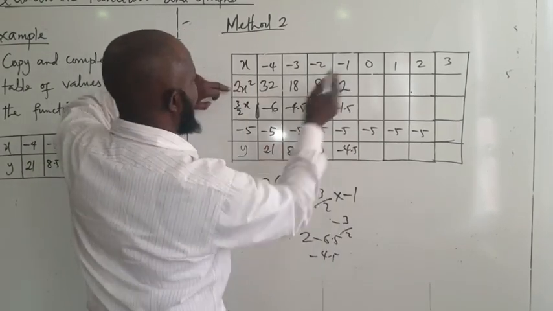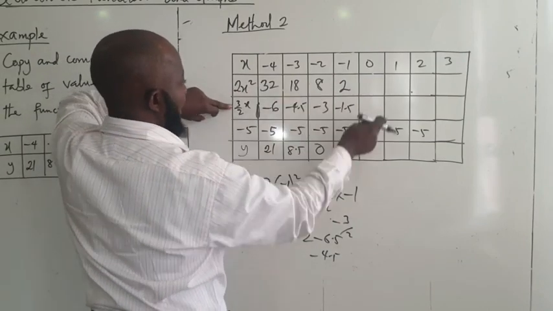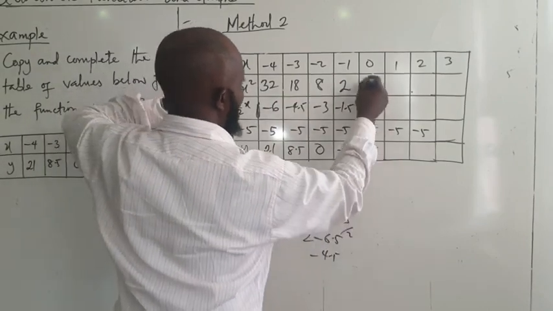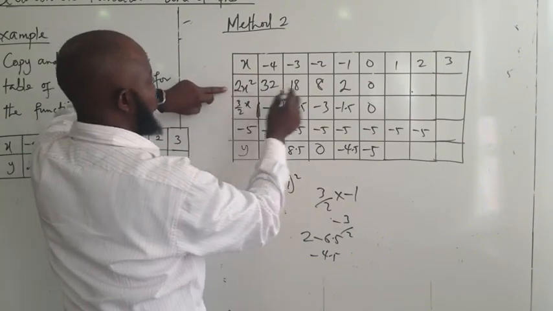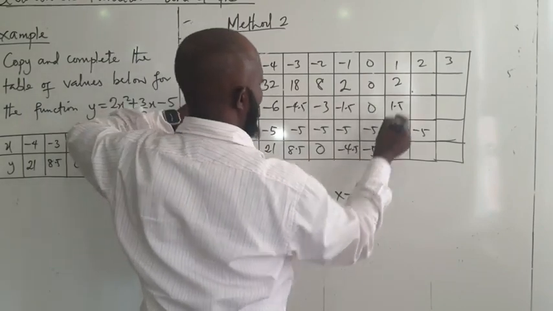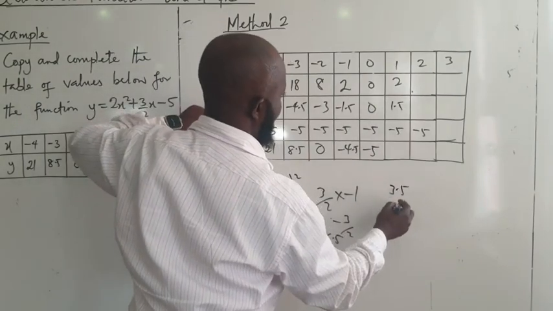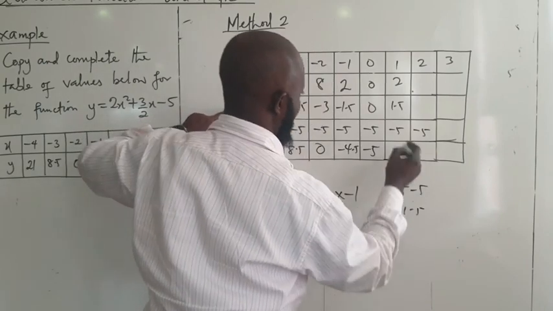When you multiply 0 by this one, it gives you 0. This also gives you 0, and minus 5. So this will be minus 5. Alright? Now this is 1. 1 squared is 1, 1 times 2 is 2. This is 1.5, so 2 plus 1.5 is 3.5. 3.5 minus 5 gives minus 1.5.